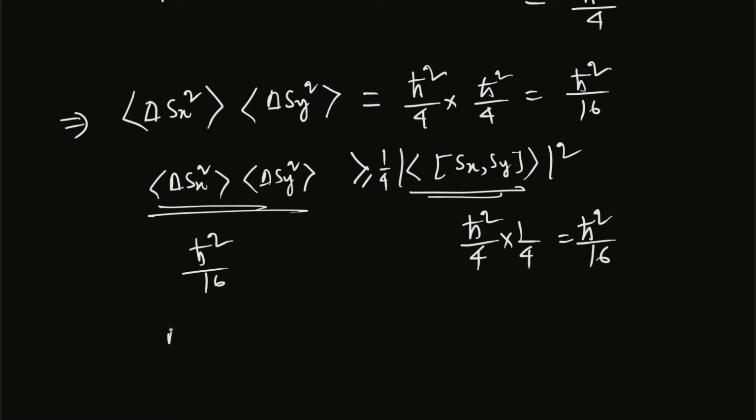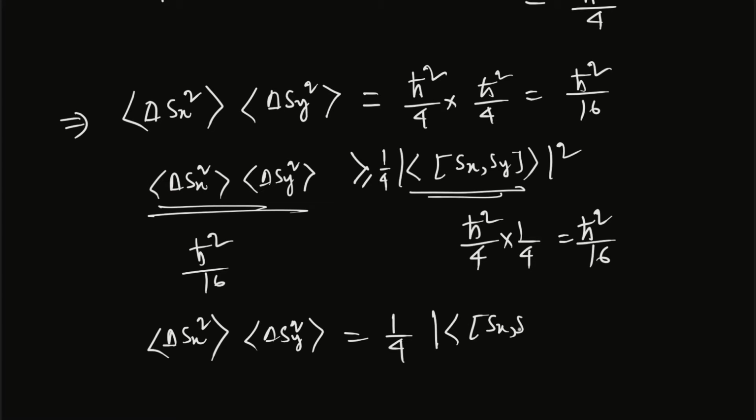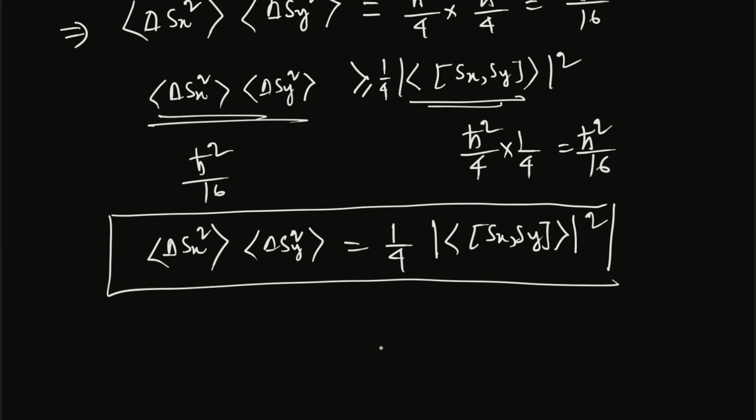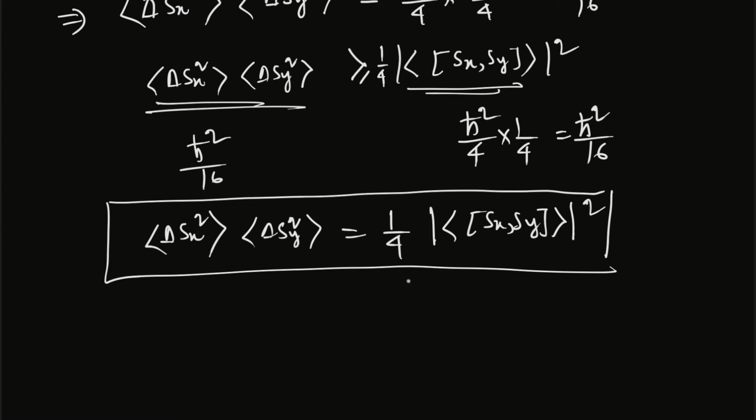So that means it holds the equality of the uncertainty relation. It is asked in question 19 to check whether or not these Sx and Sy operators hold the uncertainty relation. So we have done the first part of the question.